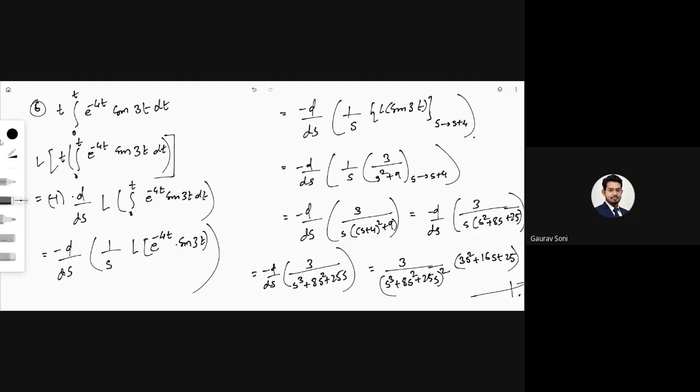Clear? Yes, sir. So there is this last type of example, which are very important, which says: evaluate the integrals using Laplace transform.